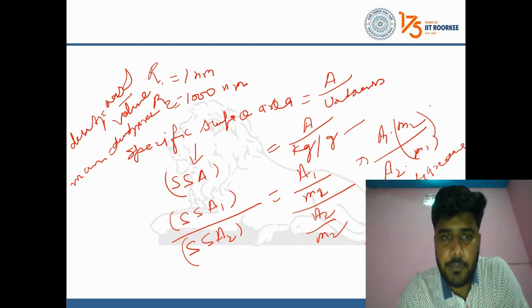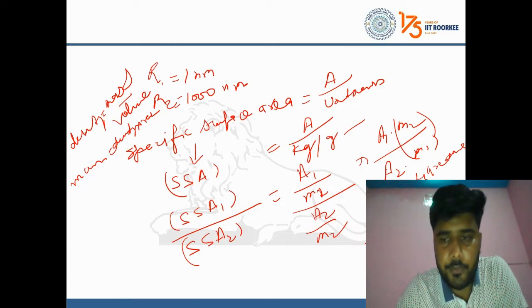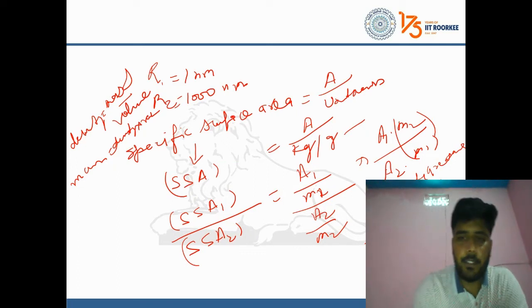So you have to just expand it. A1 by A2, M2 is equal to rho 2 into V2 divided by rho 1 V1.